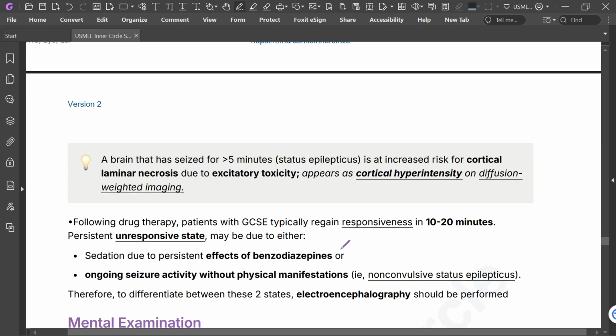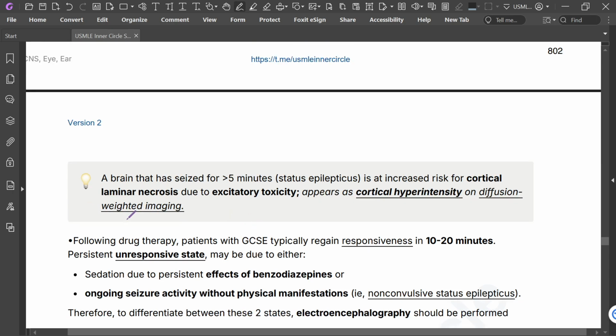Okay, a brain that has seized more than 5 minutes in status epilepticus has a very high risk of cortical laminar necrosis. Why? Due to excitotoxicity, it appears as cortical hyperintensity on DWI imaging.